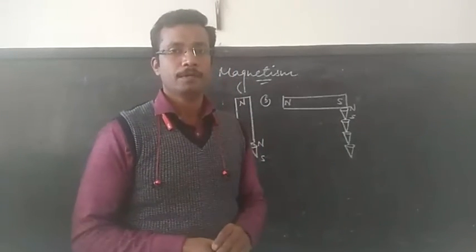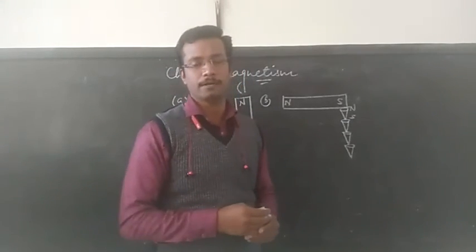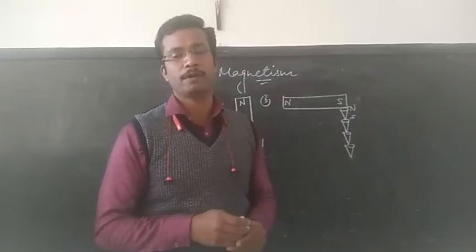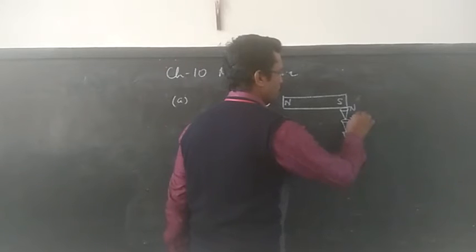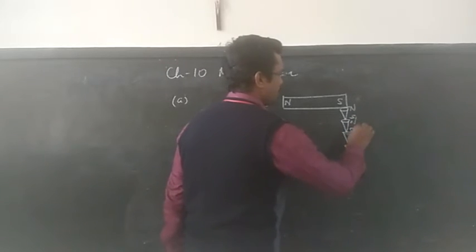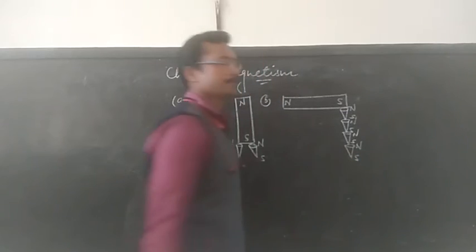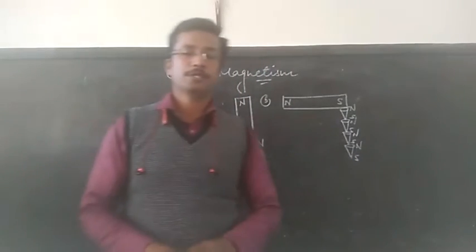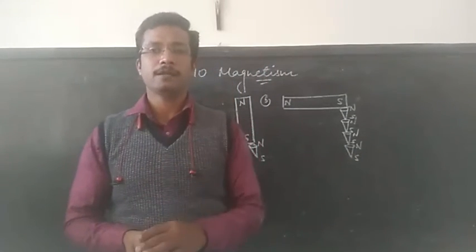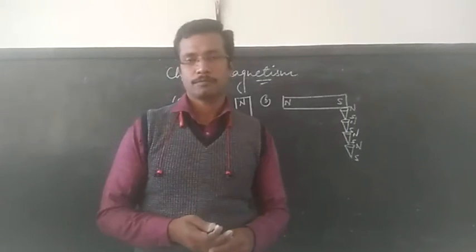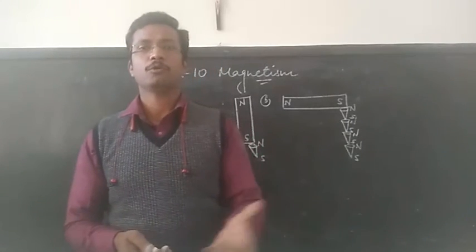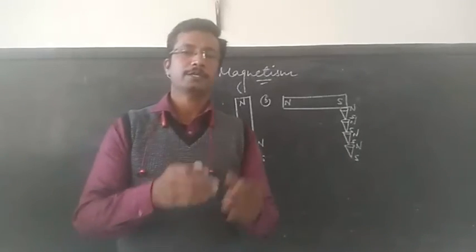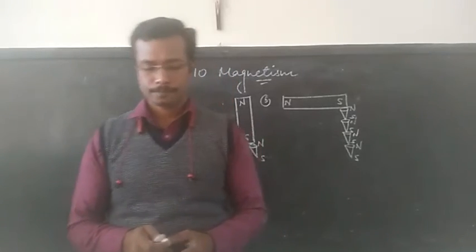But each time the head will be opposite to the tail. That is, the polarity of the head will be opposite to the polarity of the tail. If it is south, it will be north, then again head is north, tail is south. So due to this opposite polarity developed on each nail, they are able to attract one another, and so they are found clinging below one another. The reason is induced magnetism.